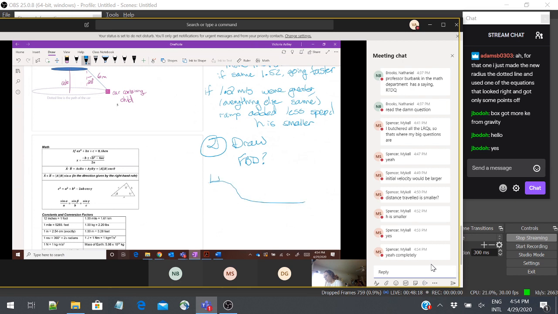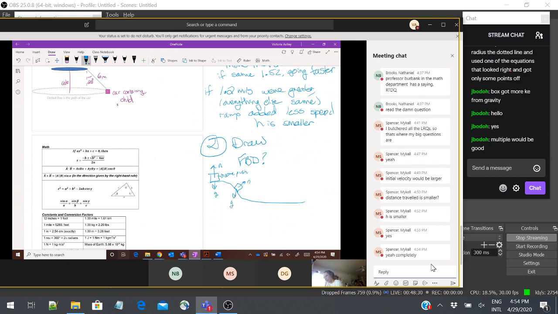At the top, our free body diagram would just be normal and gravity. And then there's some push that we don't necessarily know about. And then it goes down the hill, there's normal and gravity. And then it's coasting along with just normal and gravity. And then it hits the rough patch. Now we have normal, gravity, and friction.